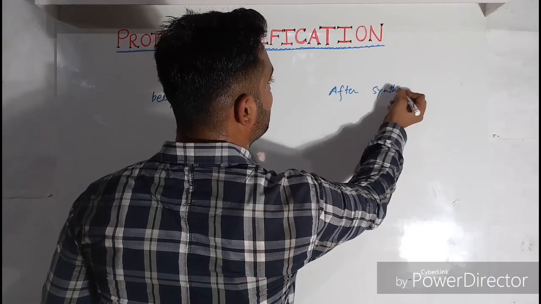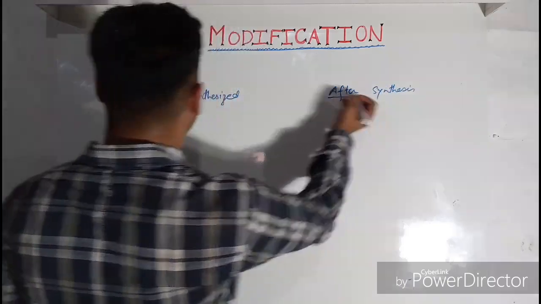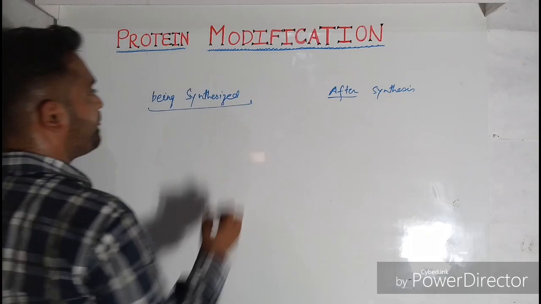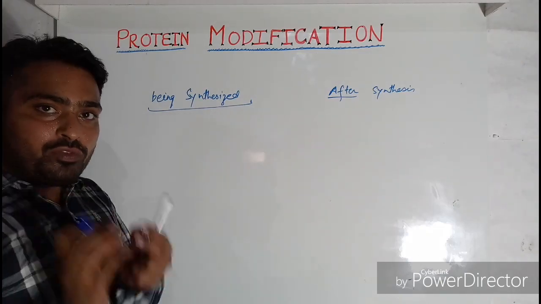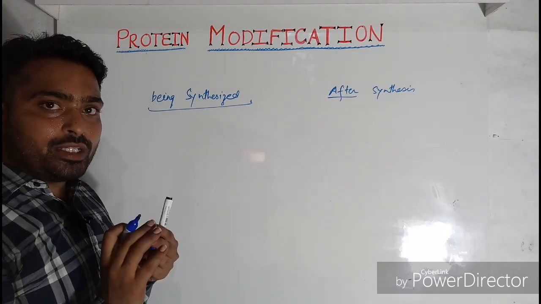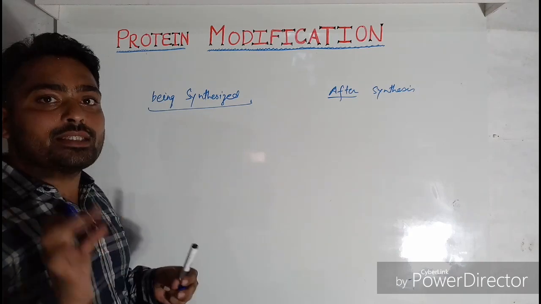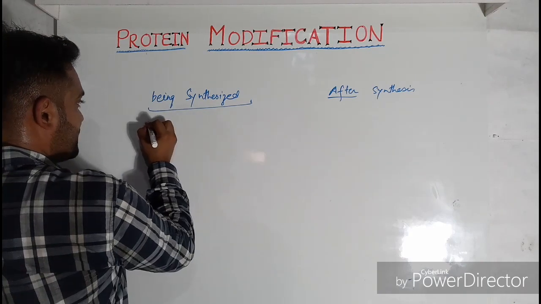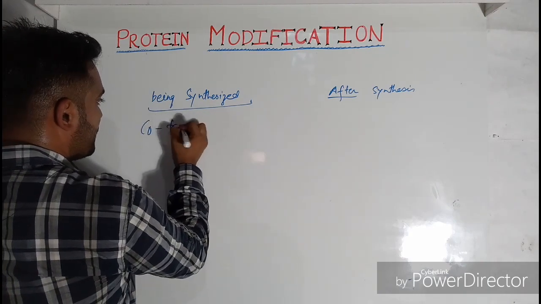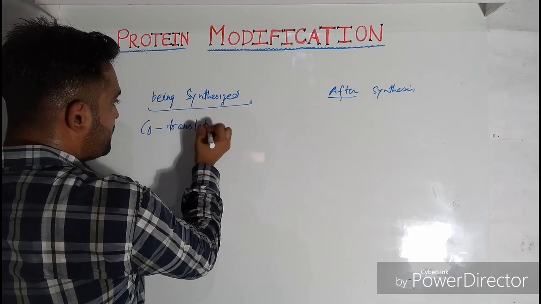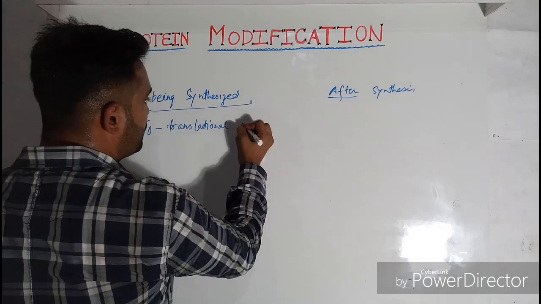Being synthesized means the modifications are done on the protein when it's still in the synthesis process, or we can say it is co-translational modification.